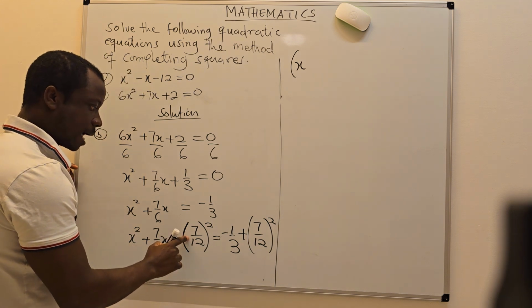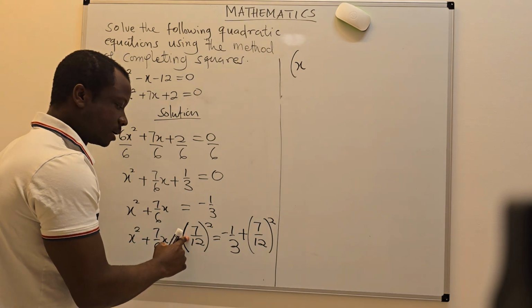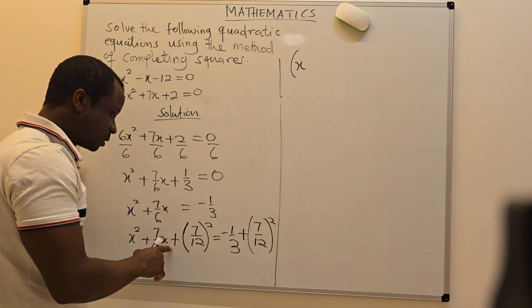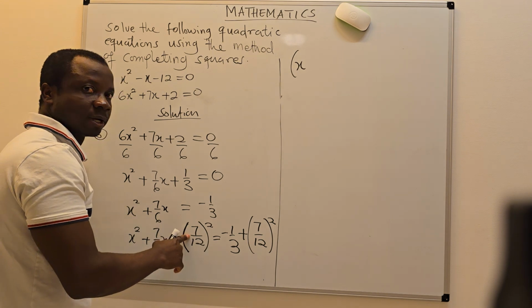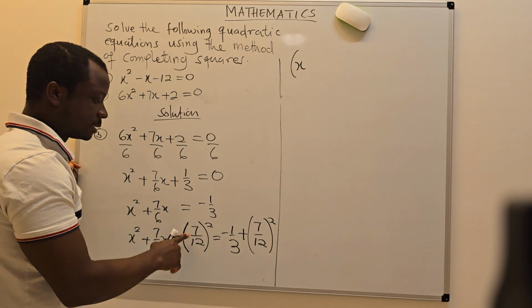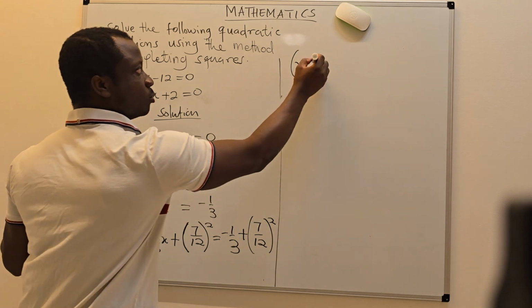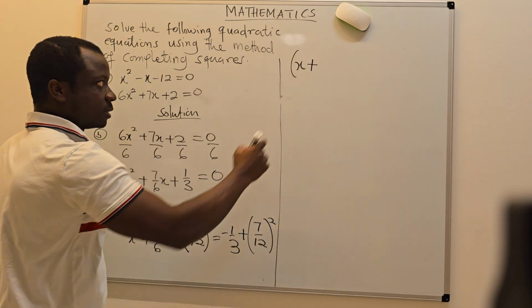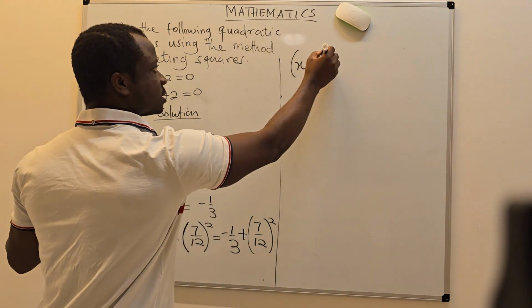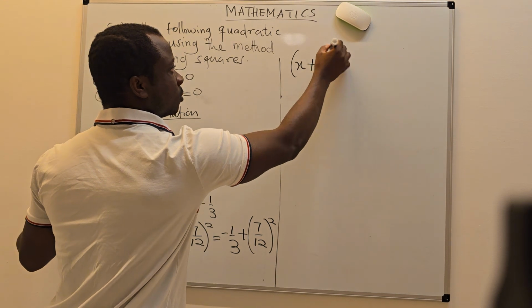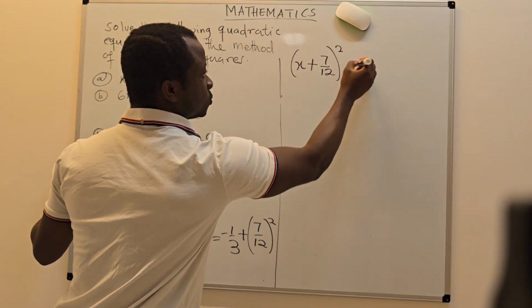Now, this time, the sign here is positive. So if I'm going to use plus, it's not this plus that I'm going to use, it's the sign of this one, that's what I'm going to use. And since it's positive, I'm going to put plus here. If it is negative, here will be negative. So you have 7 over 12 all squared equal to.